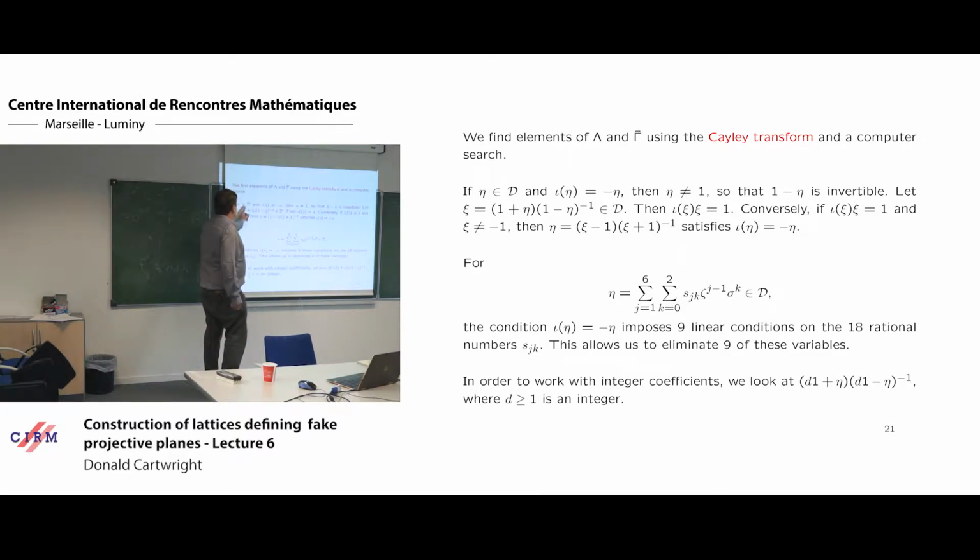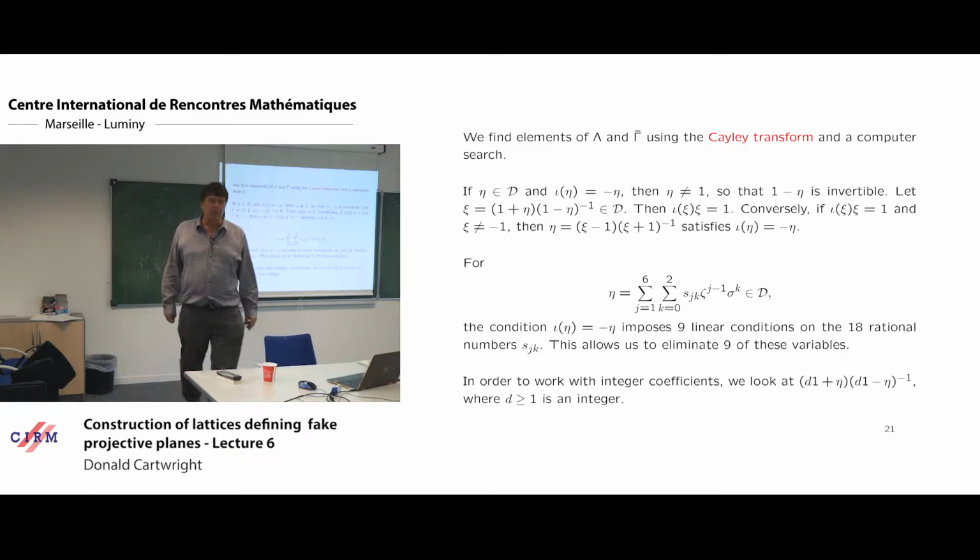So if you have an element eta of the division algebra which is skew Hermitian in this sense, it can't be 1 because 1 isn't skew Hermitian. So that means 1 minus eta is invertible because we're in a division algebra. And so we can form this element.